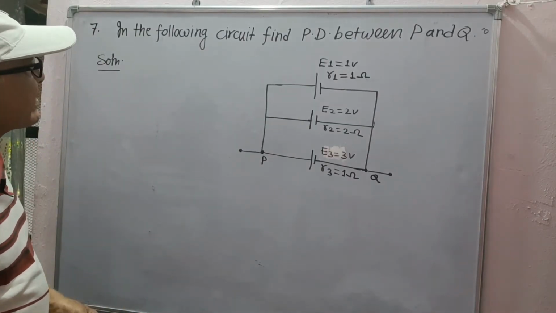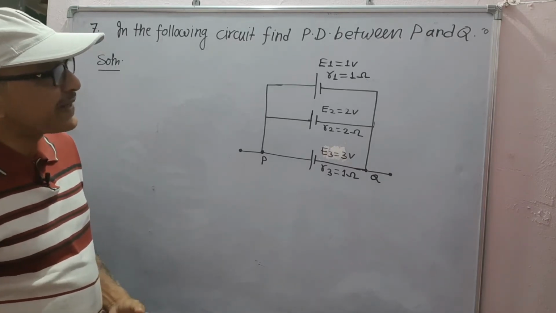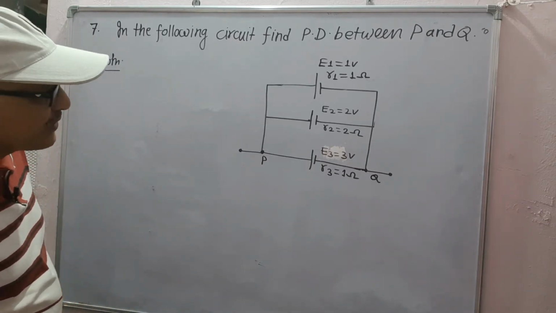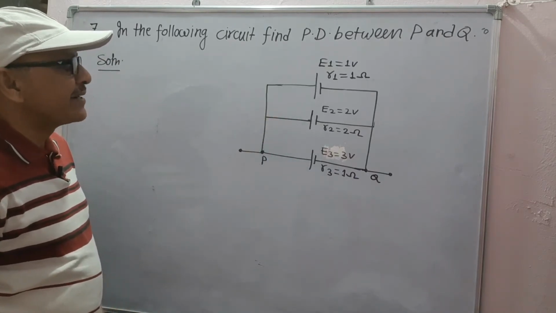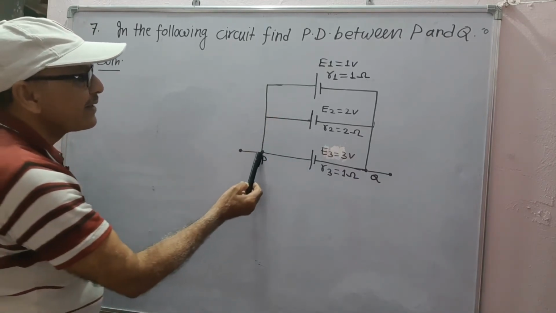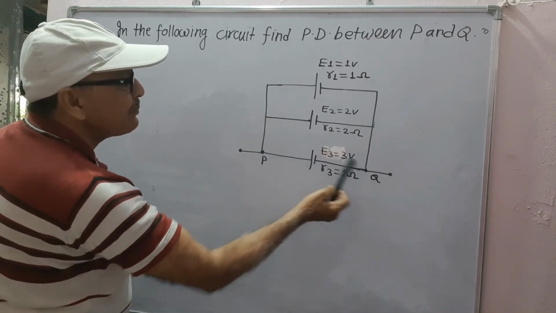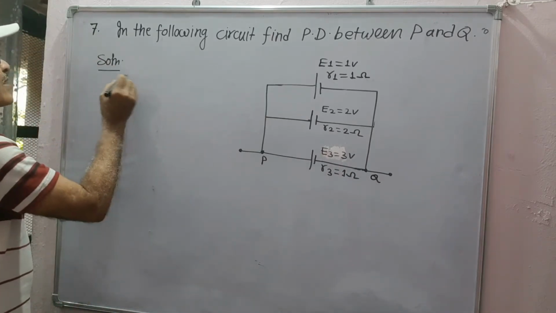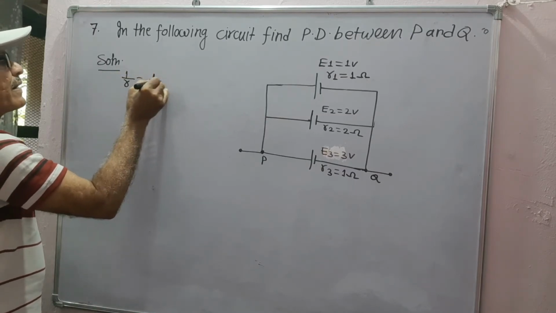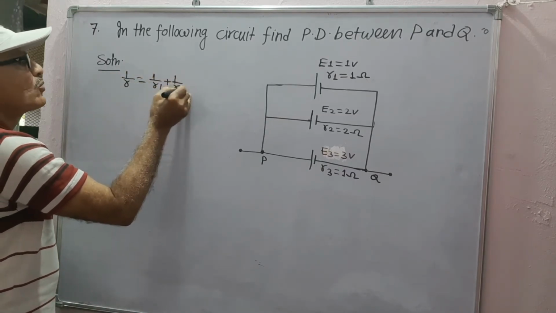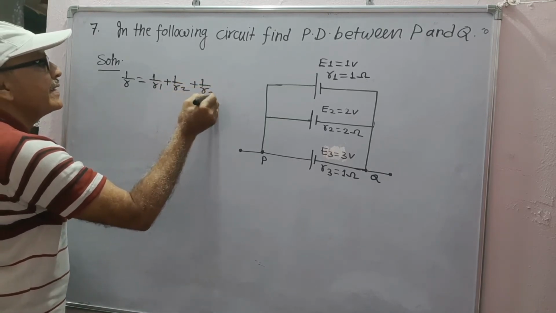Question 7. In the following circuit, find potential difference between points P and Q. Here, these are 3 cells connected in parallel. We have to find potential difference between P and Q. Now, solution. 1 upon R will be equal to 1 upon R1 plus 1 upon R2 plus 1 upon R3.